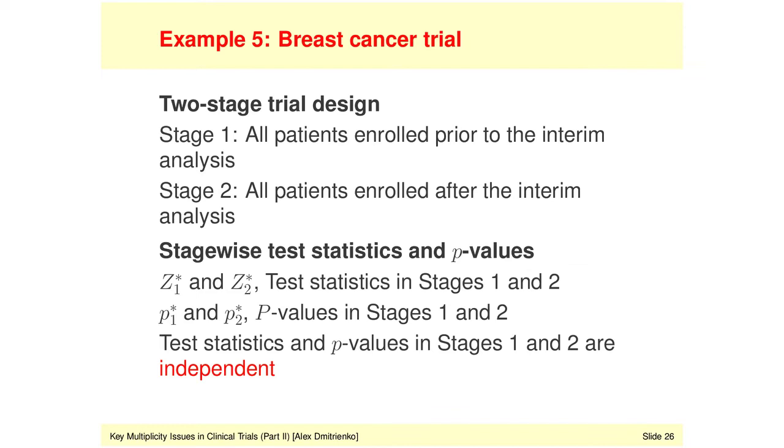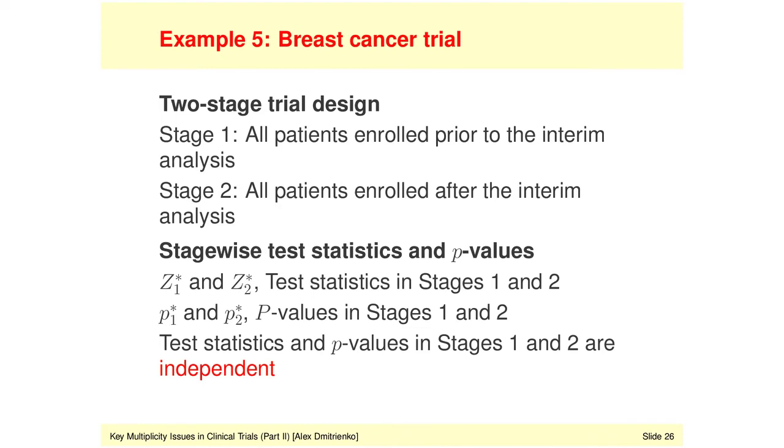Using this information, it's quite easy to define the stage-wise test statistics and p-values. We'll use the same notation as before. Z1 asterisk and Z2 asterisk will denote the test statistics computed from the stage 1 and stage 2 datasets. Likewise, P1 asterisk and P2 asterisk will denote the p-values associated with the stage 1 and stage 2 datasets.